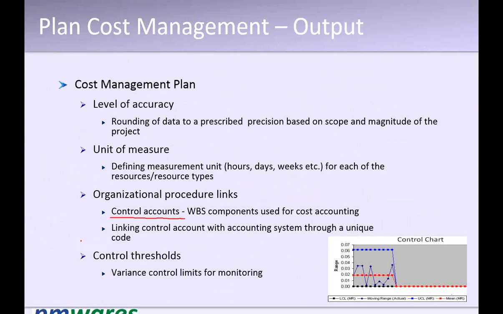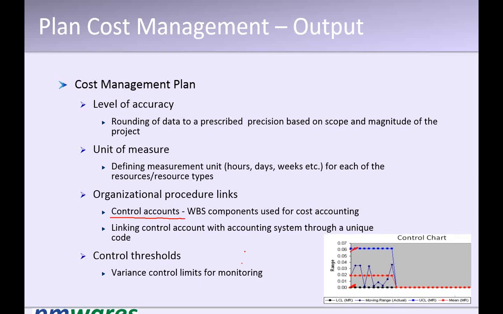Control accounts are very similar to the cost centers in your company, so establishing those in the work breakdown structure is also part of establishing the cost management system. And the fourth is control threshold: how much variance is acceptable, and at how much variance we will take some measures. Like here, you have defined some upper and lower limit, and many other things similar to this.